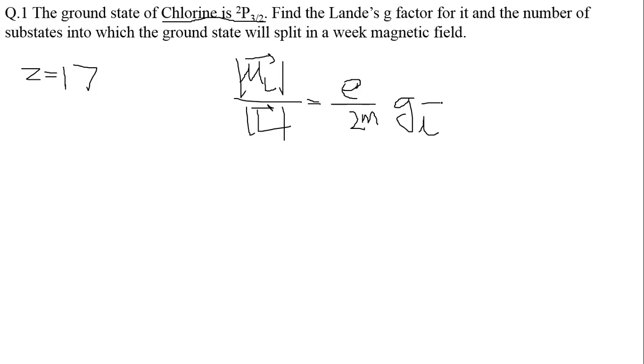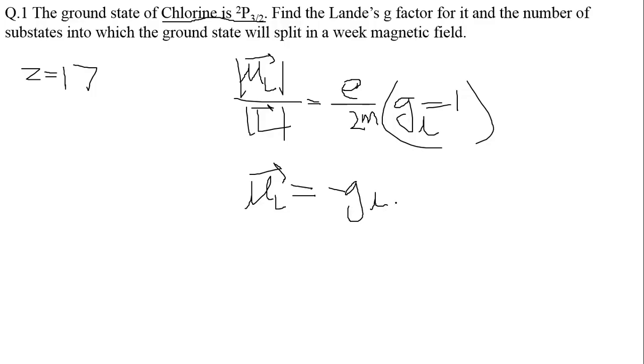So here g_L equals 1. But the actual relation is mu_L vector equals minus g_L L e by 2m. So for orbital angular momentum, g_L is 1.